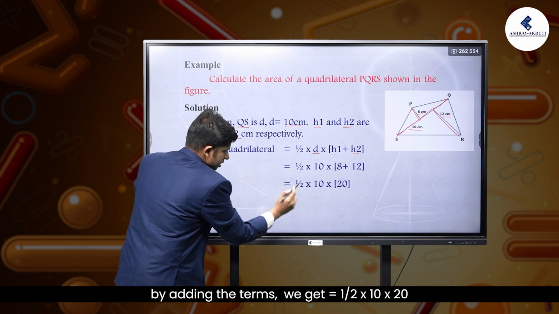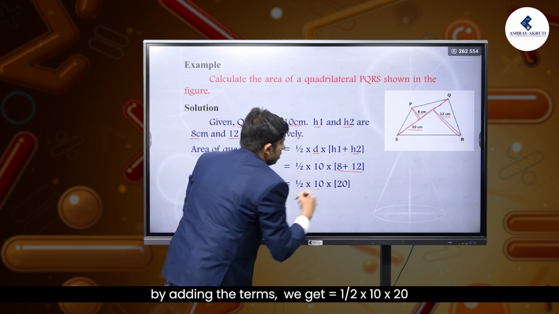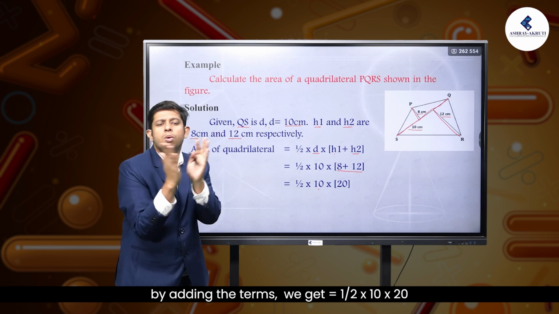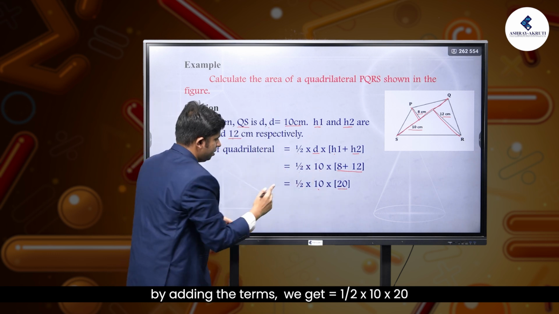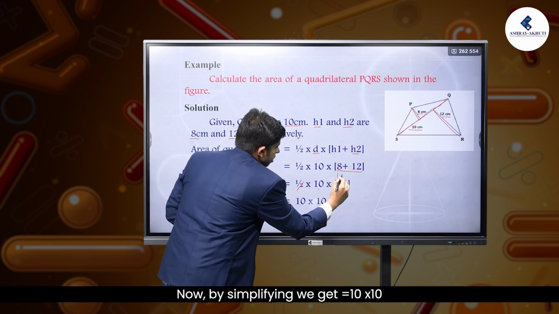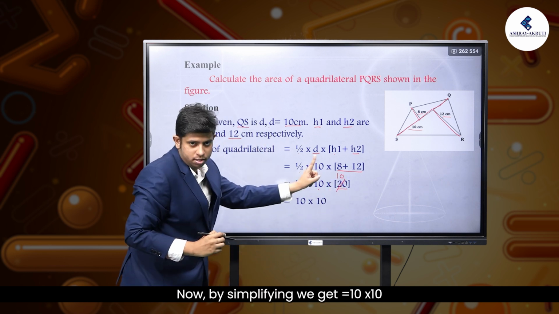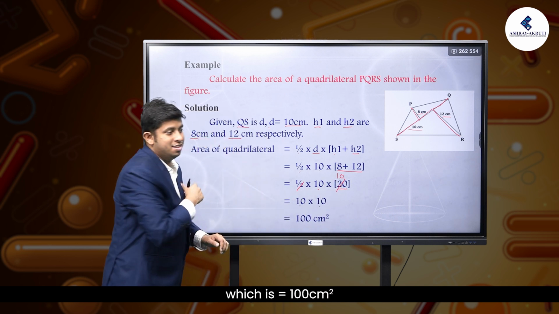By adding the terms, we get half into 10 into 20. Now, by simplifying, we get 10 into 10, which is equal to 100 centimeter square.